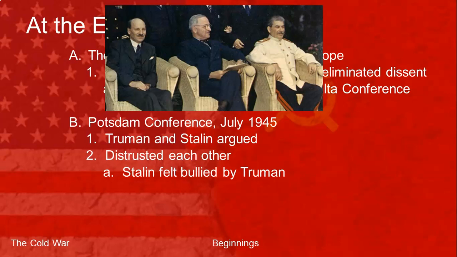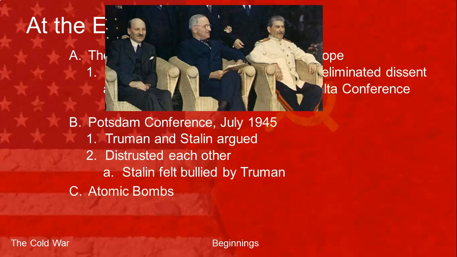Truman and Stalin had been arguing, and neither one was giving in, and there was some question as to whether or not Truman was going to be forced to compromise with Stalin, when all of a sudden Truman got the secret message that, hey, we have a working atomic bomb. And he used that to kind of force Joseph Stalin to see his way. And so Stalin felt that Truman had bullied him.